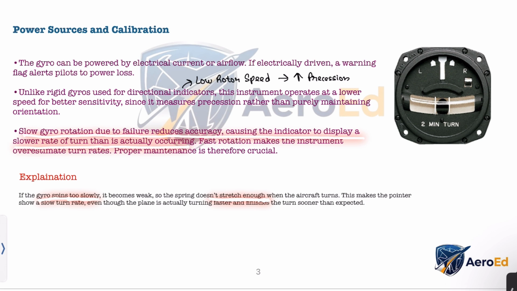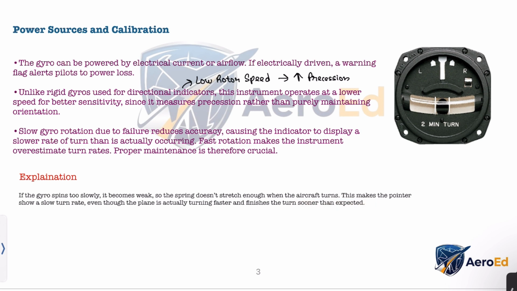So if the spring is not stretched enough, the pointer will show a slow turn rate, right? Even if the aircraft is turning at a very fast rate, the needle will still show a slow rate. So we will complete the turn way sooner than expected.